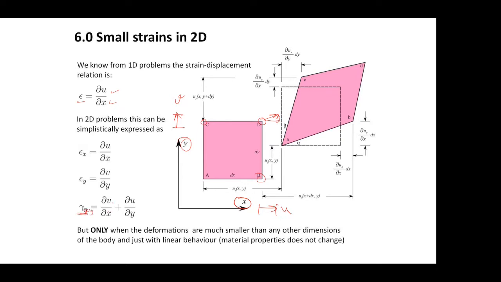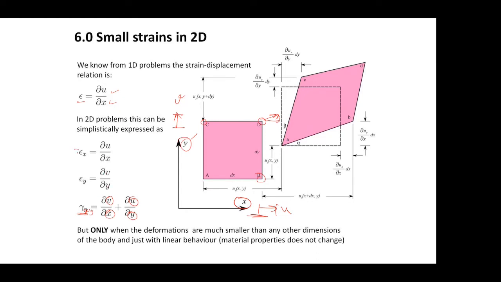And this is the derivative of V, basically the displacement in the Y with respect to X, and the derivative of U, which is the displacement in the X with respect to Y. So this would define a rotation. All right, so this is now the relation between the strain and the displacement.